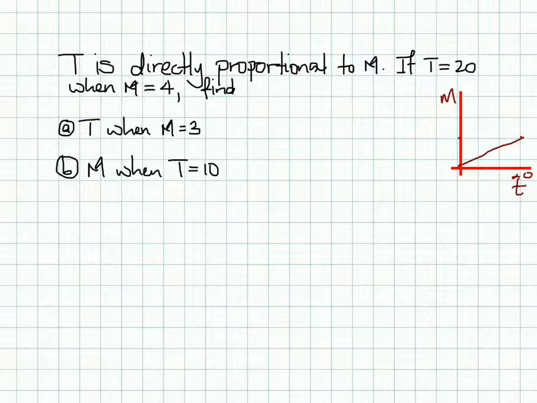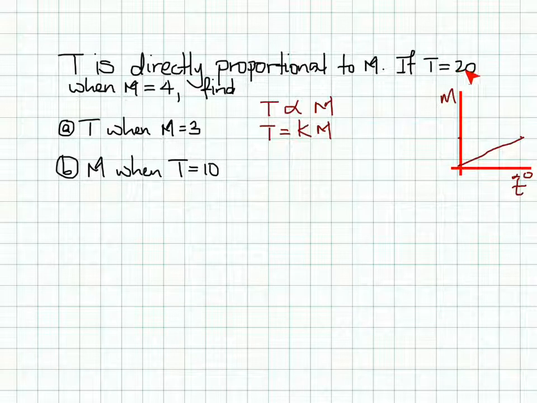So let's start by defining our equation. T is directly proportional to M. Now I will replace my proportional symbol with equals k, just like we said before. So T is equal to kM. And now I'm going to use the information they've given me. They've told me that T is 20 when M is 4. So I'm going to replace this T with 20 and that M with 4.